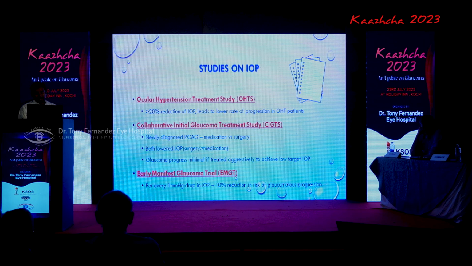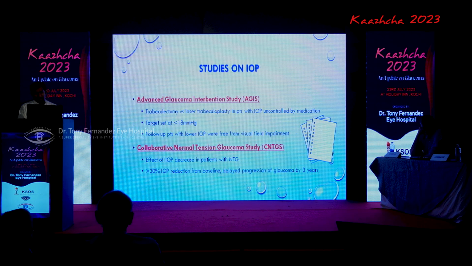And the EMGT trial showed that for every millimeter mercury drop in intraocular pressure, there's a 10% reduction in the risk of glaucomatous progression. Advanced AGIS showed that trabeculectomy and laser trabeculoplasty can be used, and if target is set less than 18, that is what they did.